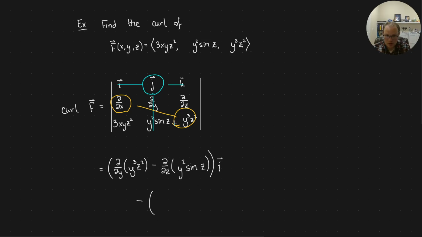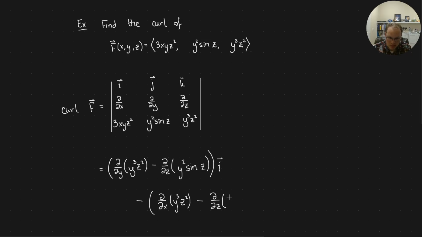That's partial derivative with respect to x of y cubed z squared, minus, and now these two together, partial derivative with respect to z of 3xyz squared. Don't forget the j at the end.